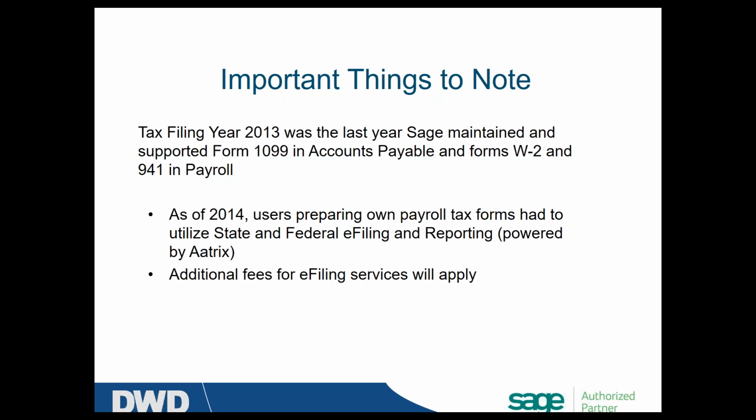Those fees are payable directly to Atrix. We have to get you registered with them if you want to do the e-filing process. If you're going to just print everything out on your own, there is no additional charge for that. That comes with your software. But what you have to note is that software has to be installed on the workstation or workstations from which those forms get printed.